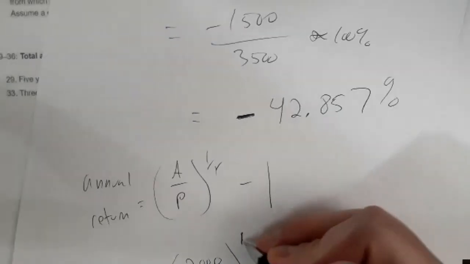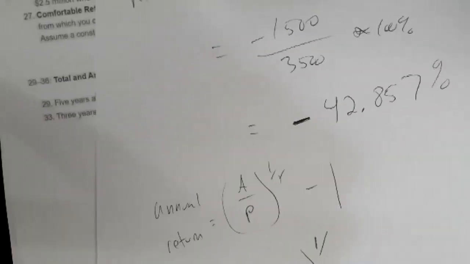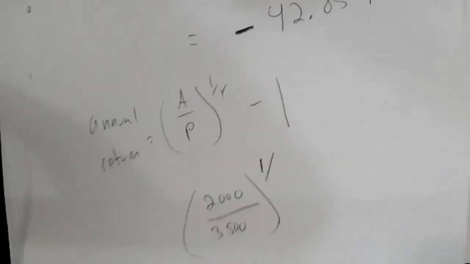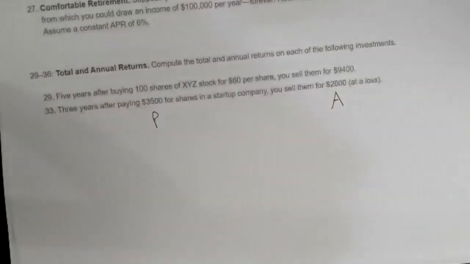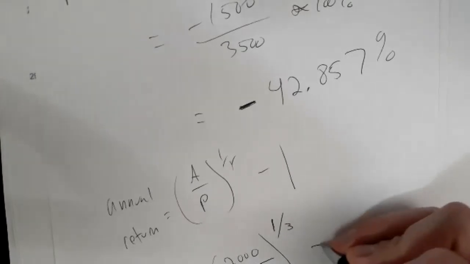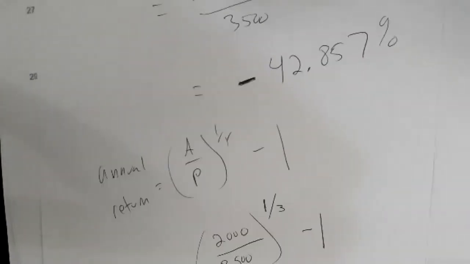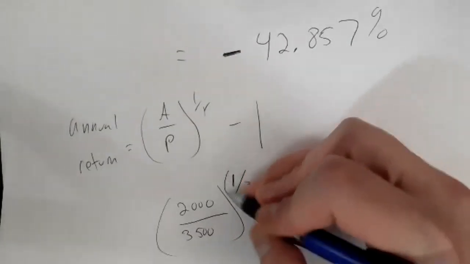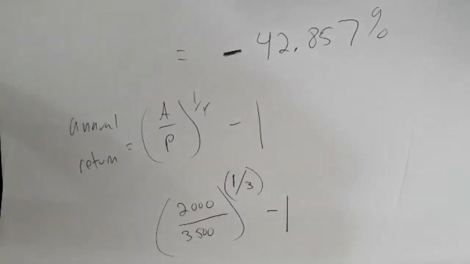My 1 over Y, so I didn't look in this problem, but my Y here, the number of years. How many years did they say this was going? 3. So we want to do 1/3. Minus 1. And again, you really want to put this thing in parentheses and do it separately.